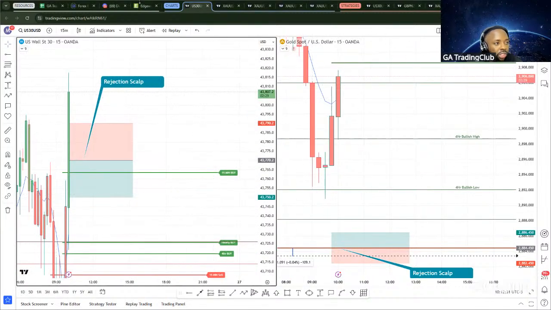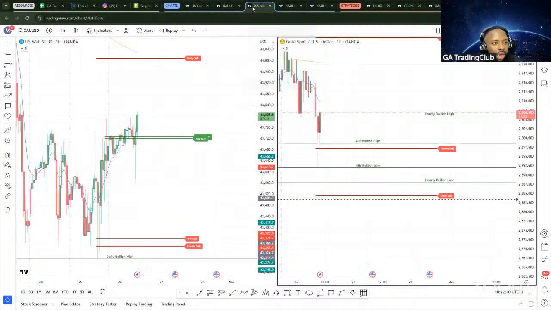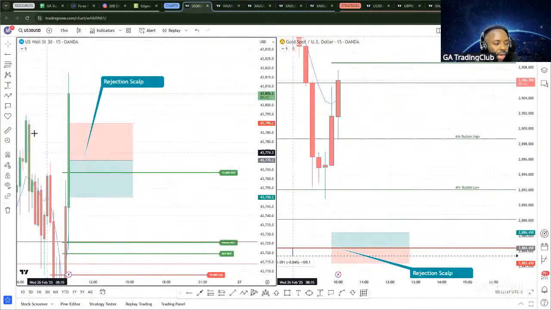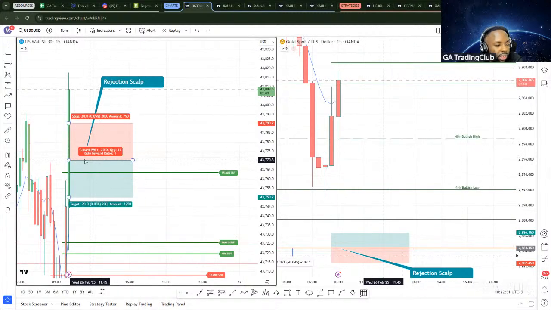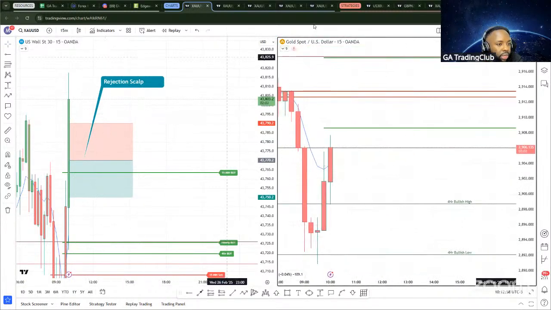But anyway, these do come up pretty frequently during New York Open, between New York Open and 11 a.m., and you want that quick liquidity, right? So you want to be in and out pretty quickly. For this one, unfortunately, it would not have played out if you were waiting for that 10-point retracement.